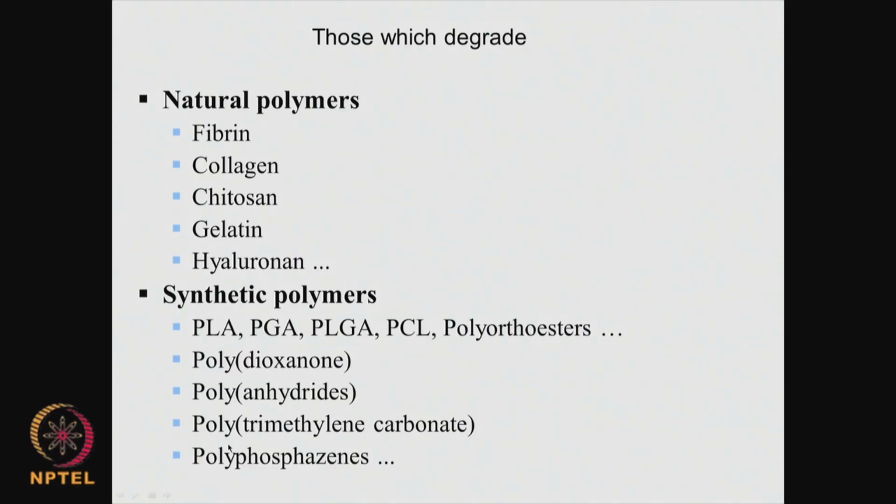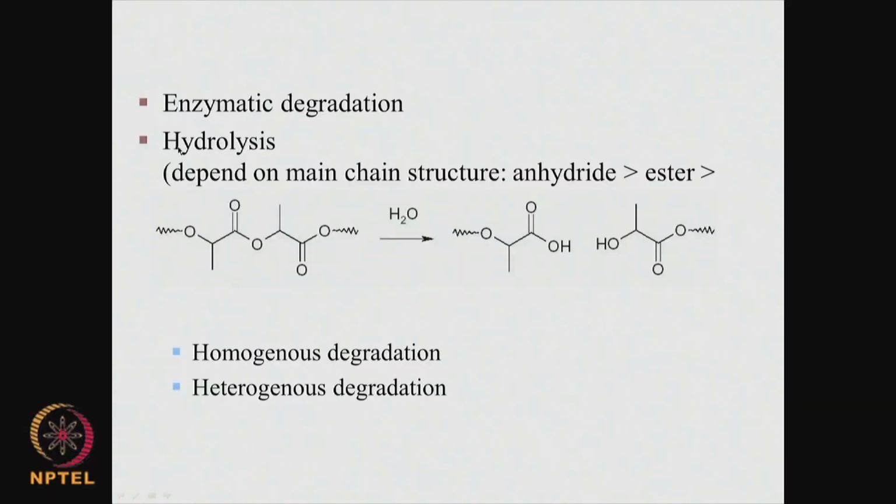So we can consider designing drug delivery systems or scaffolds or bone plates using these polymers, and of course you need to match the other mechanical and physicochemical requirements initially for the material to hold. You can also have enzymatic degradation apart from the normal hydrolysis type of degradation.